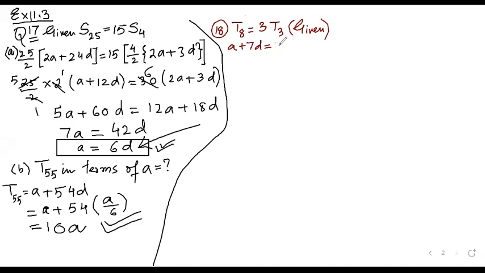And this 3 is here. And then formula for T3 is a plus 2d. So a plus 7d is equal to 3 times a plus 2d, that is 3a plus 6d. Okay. So now we have d equal to 2a. Okay. d equal to 2a.